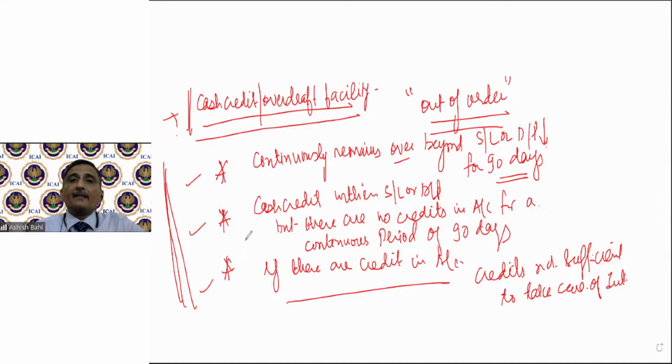Okay. So how does the system operate? So these days when banks are working on CBS platform, students, you have to understand that the system is identifying NPAs on a regular basis. You have also to remember that NPA classification is not done as at end of 31st March.